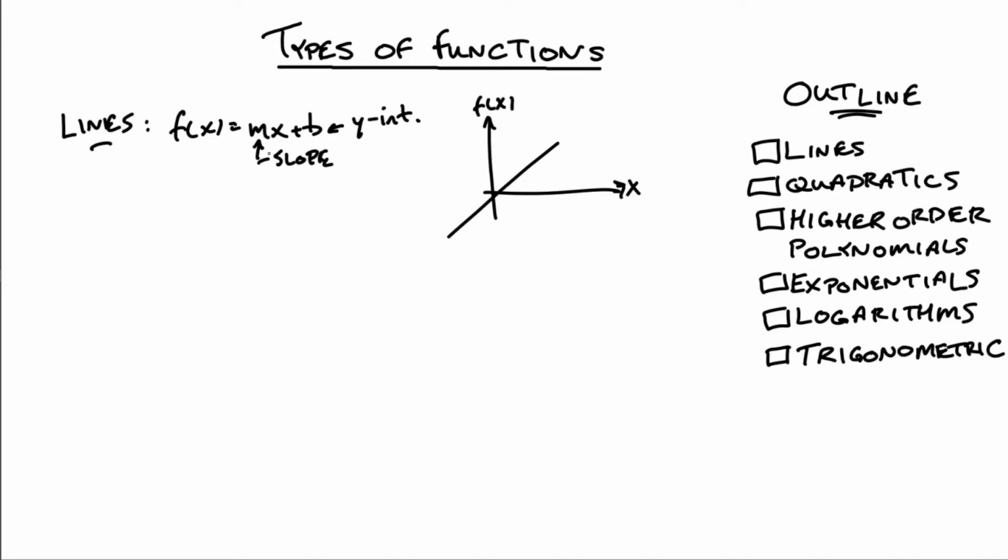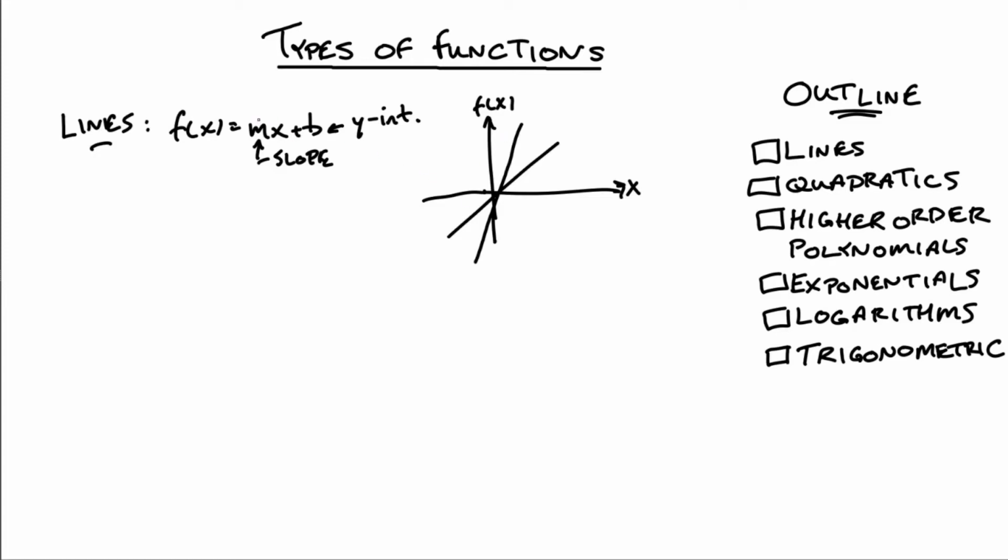So if m were higher than it is in this base graph here, then the line would appear more steep. And if m was lower, then the line would be less steep. However, if m is negative, then you would have a line that runs from the top left to the bottom right instead of the bottom left to the top right.